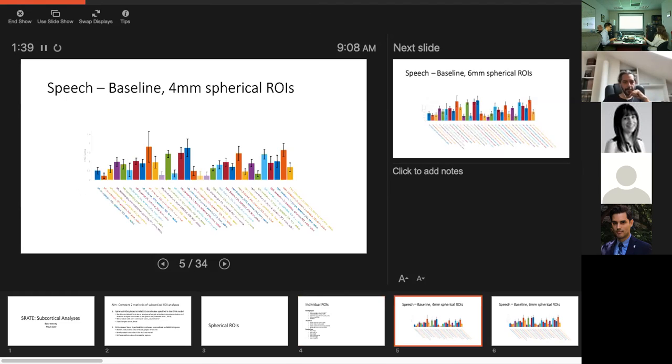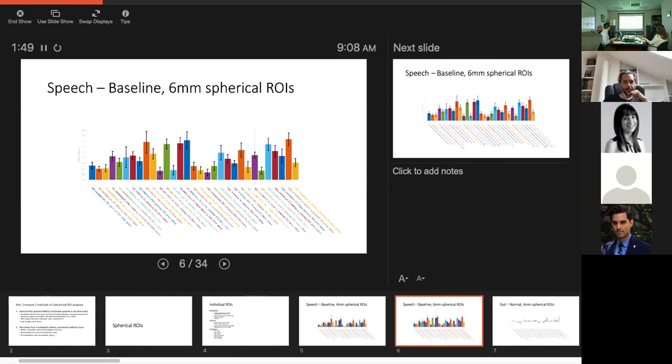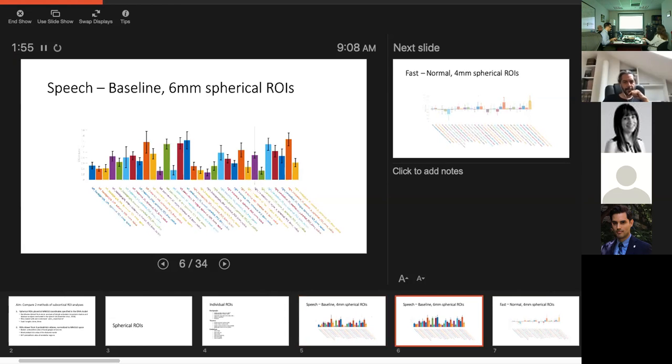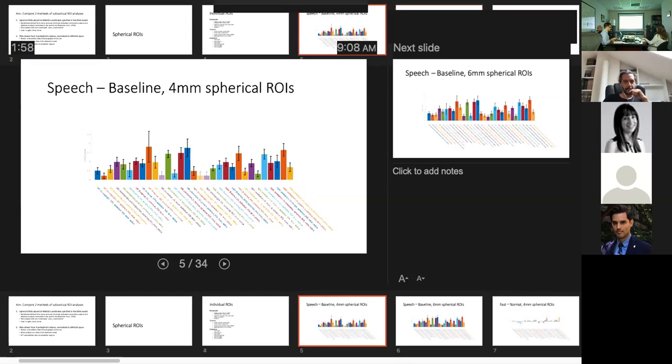So for speech minus baseline, there are a lot of significant areas of activation, just about all of them. And they're pretty consistent between the 4 and the 6. There are some differences, a couple of extra areas show up, but generally the pattern is the same. For the 6, there are a couple of extra areas.